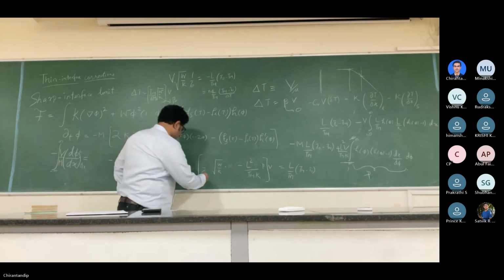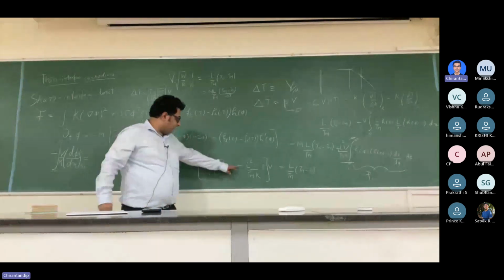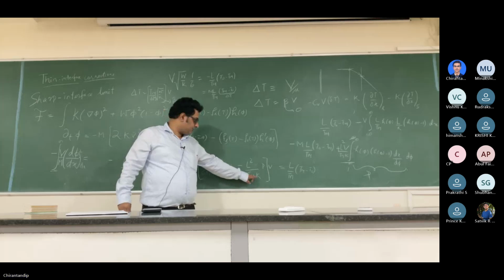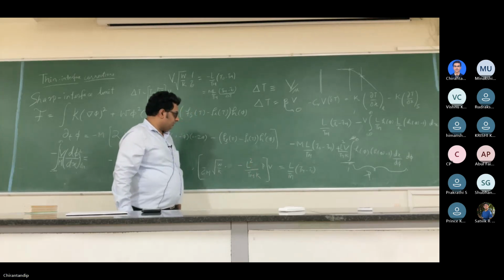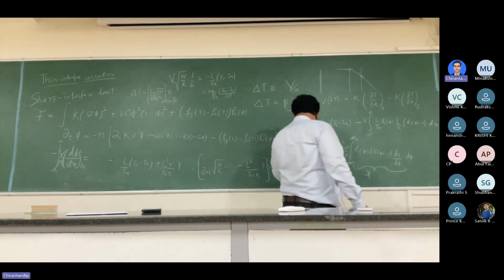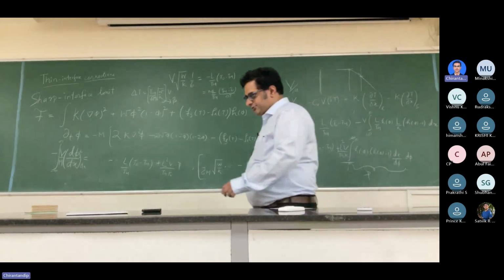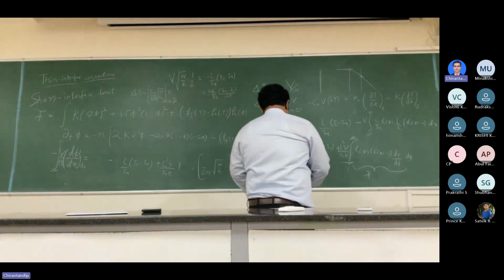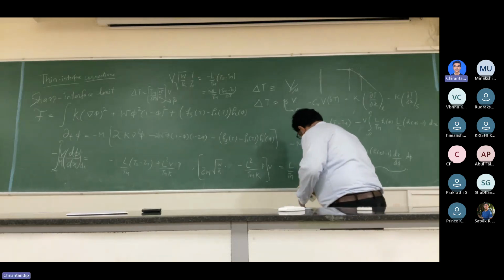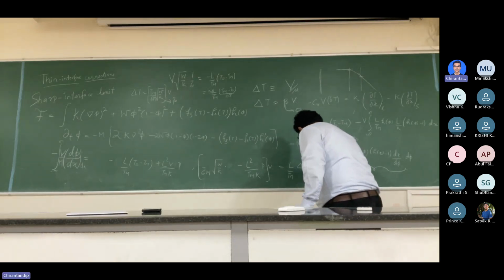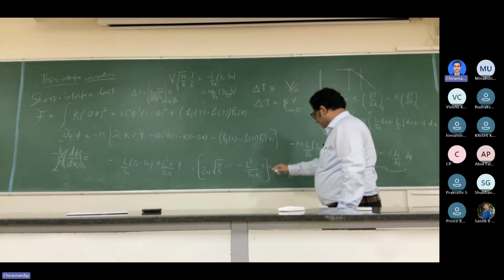Minus L square over Tmk is equal to L by Tm, Tm minus T naught. Right? And we have all just appreciated that Tm minus T naught is delta T. So I can take this on the other side.